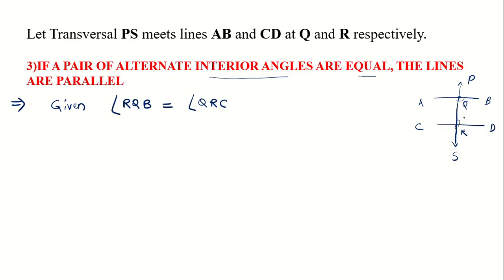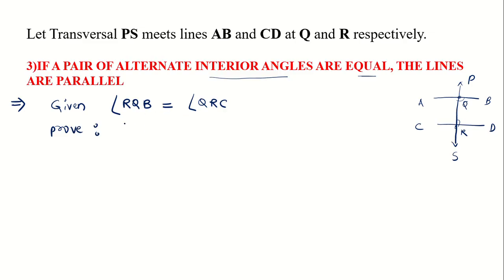If this pair of alternate interior angles are equal, then the lines are parallel. That is the statement we need to prove. Given: angle RQB is equal to angle QRC. Next, we need to prove that the lines are parallel.